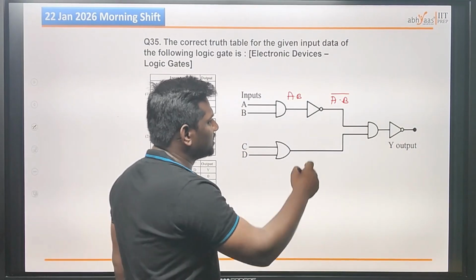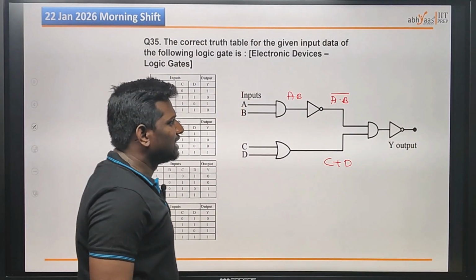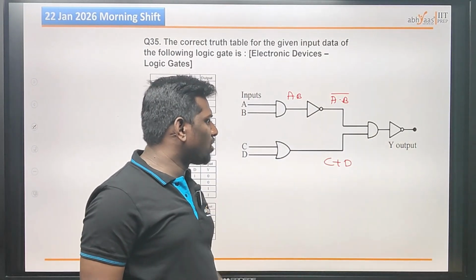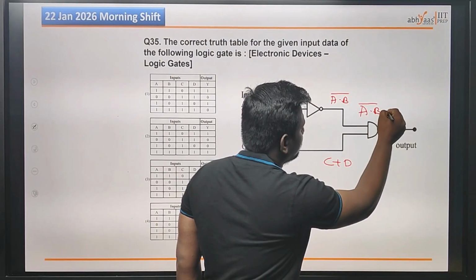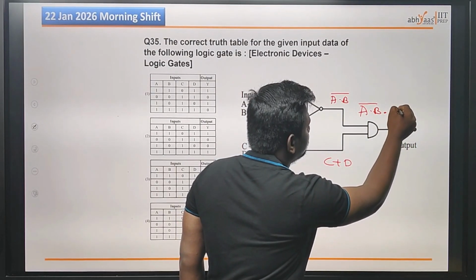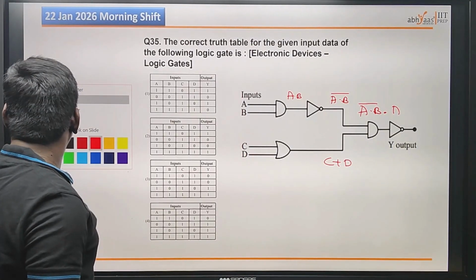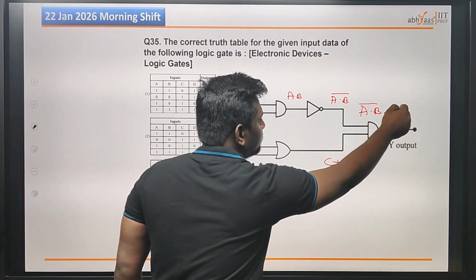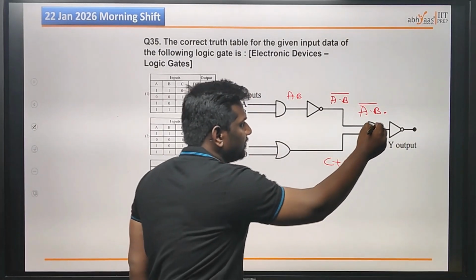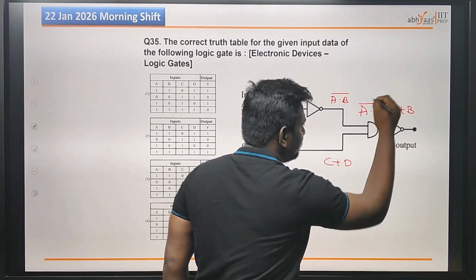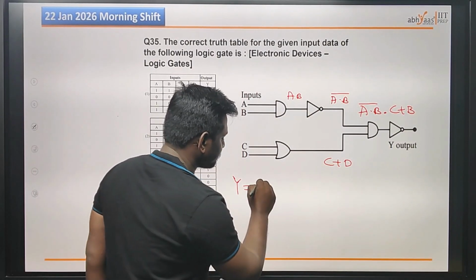Similarly, from this one, you will get C plus D. So at this point, what you are getting? You are getting A dot B bar dot C plus D. At the Y output, what you are getting?